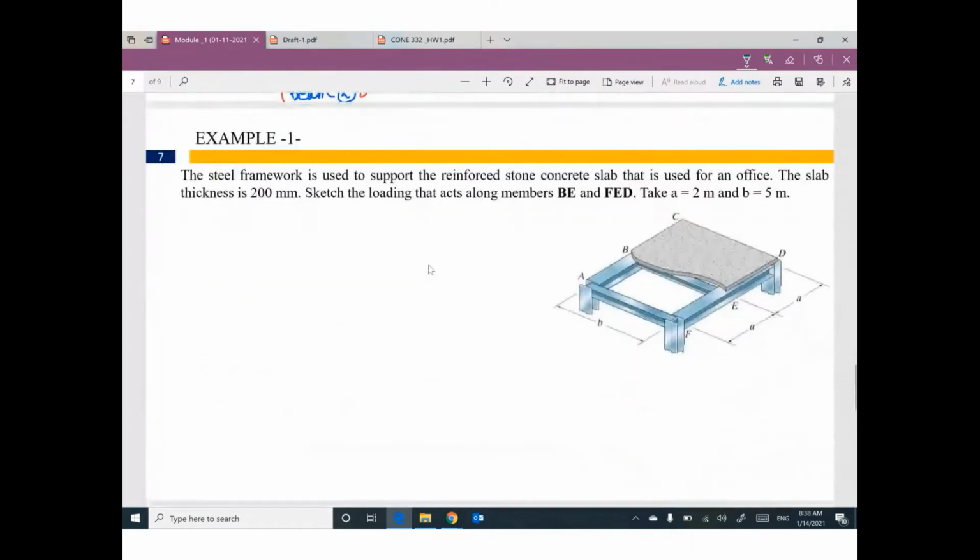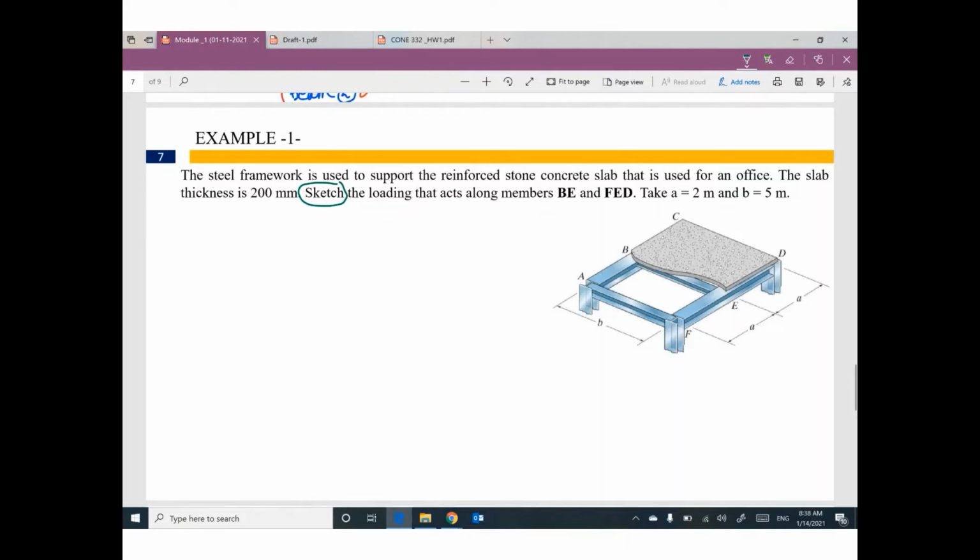I would like to start with example number 1. We have a steel framework used to support a reinforced concrete slab that is used for an office. The slab thickness is 200 millimeters. Sketch the loading that acts along member BE.